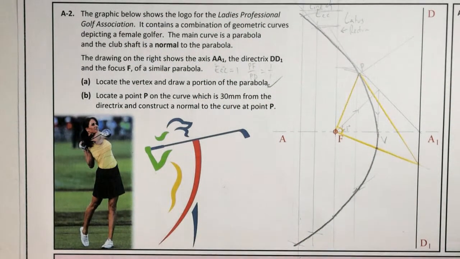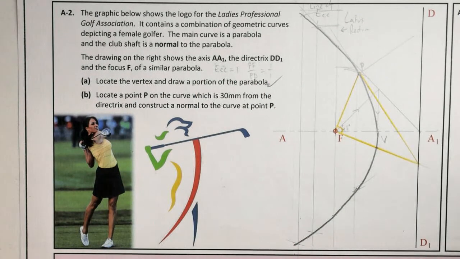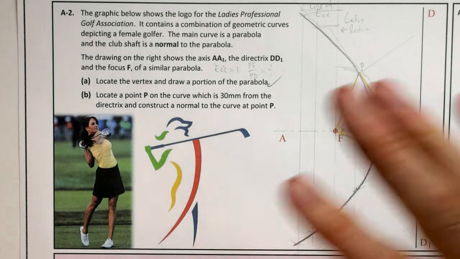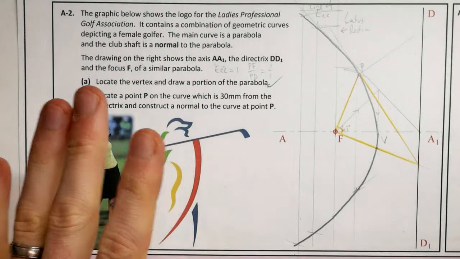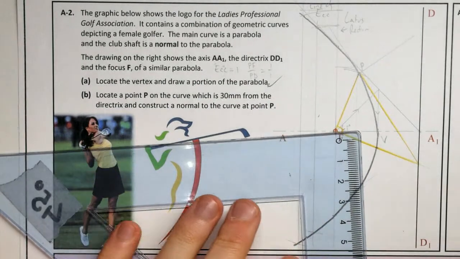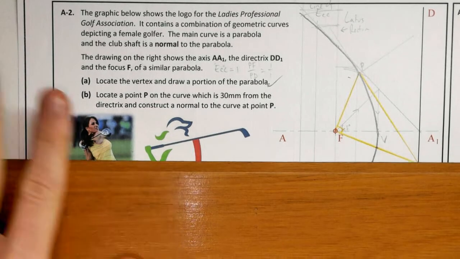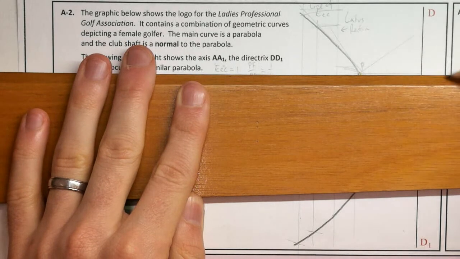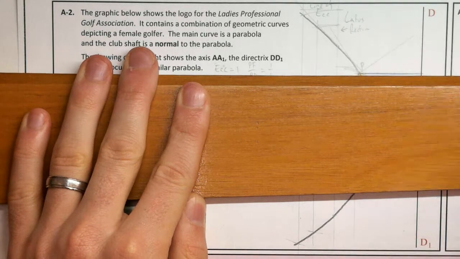The second method: this construction for finding a tangent works for all conics, so that's the one I typically lean towards. But if we want to deal with finding a normal only, and we want to use a different method, this works for a parabola only. If I go parallel to my axis, straight there towards my directrix, I'm going to highlight this just to show you this is the method I'm applying here.